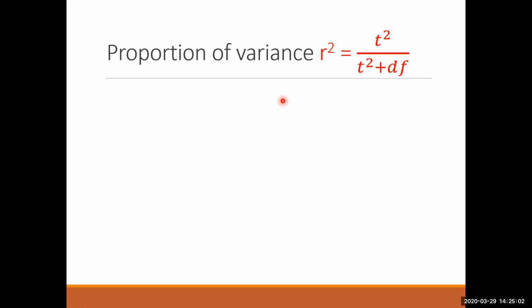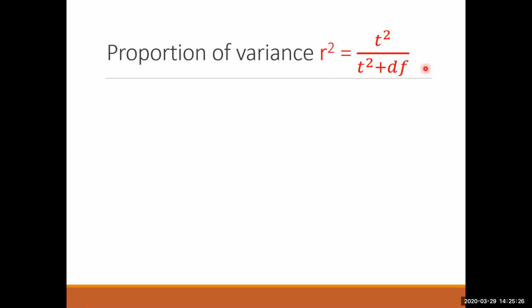So if you've read or perused the textbook, you'll see in chapter 9, when they're talking about proportion of variance, they actually use eta, which is a different Greek letter. But in other cases, you'll see R squared is used, and either is fine. So we're just going to use R squared.